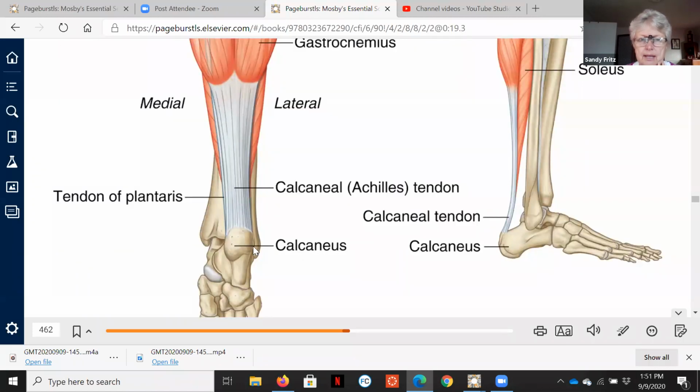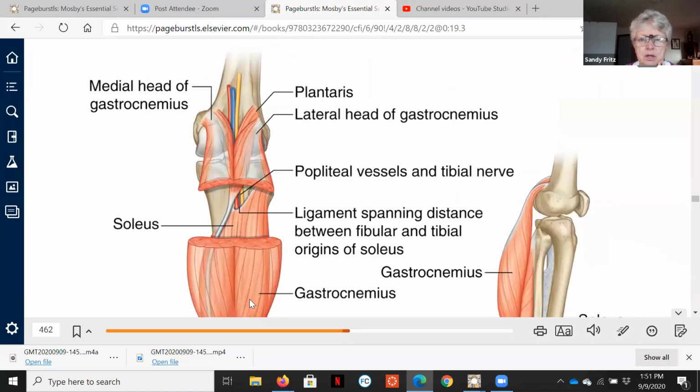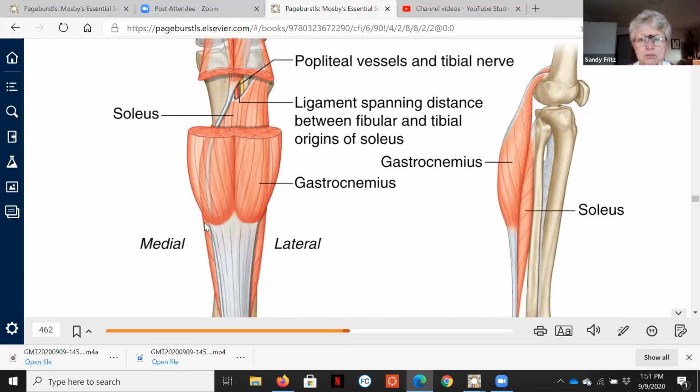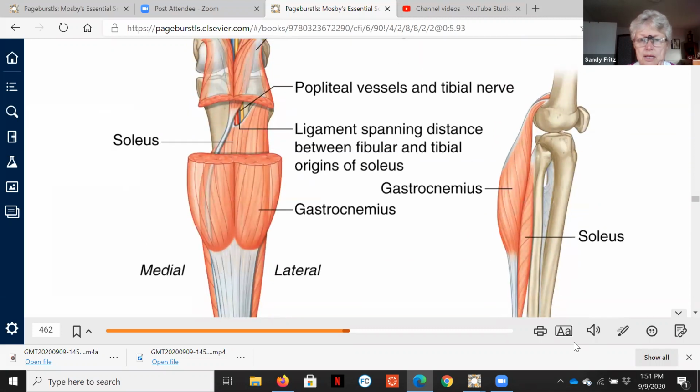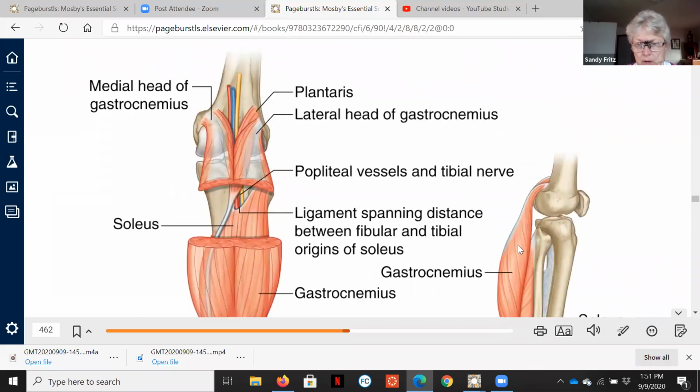They cross the ankle, gastroc does, goes all the way up and attaches onto the condyles here. So there's our plantaris, there's our gastrocnemius. Now the soleus doesn't work at the knee. It only works at the ankle. You can see that here. This is going all the way up and attaching onto the femur.